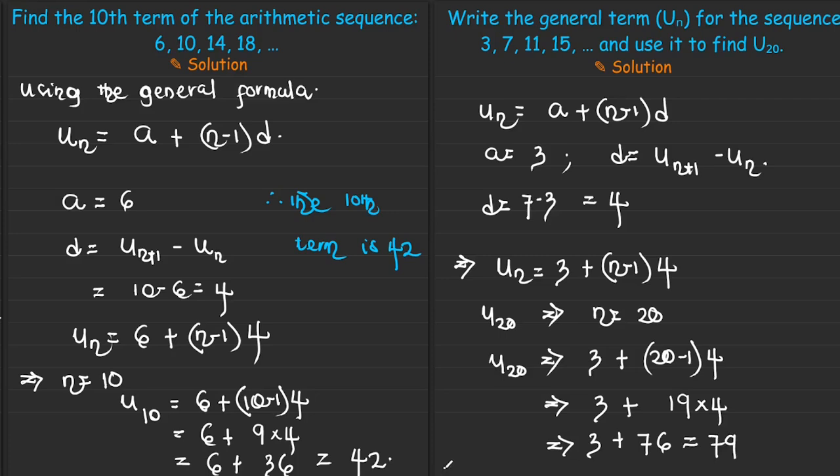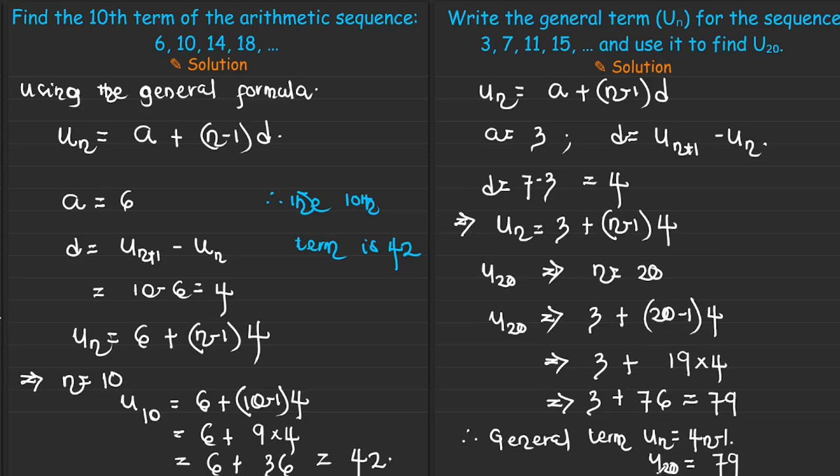So we can conclude by saying that therefore the general term is what? 4n minus 1. Then our U20 is what? 79. Now, where from this 4n minus 1?